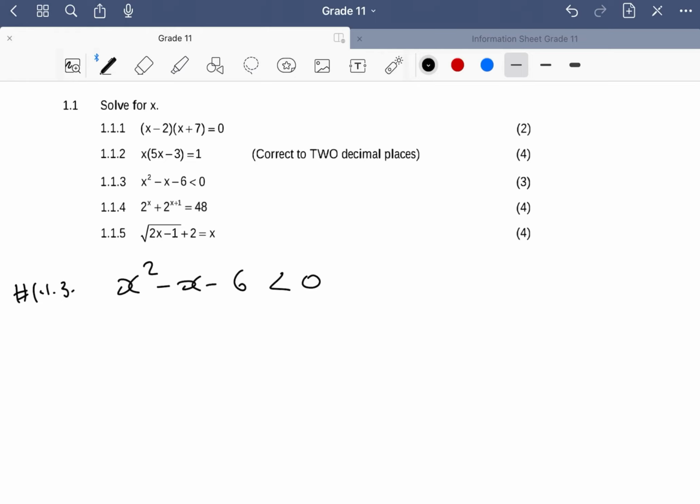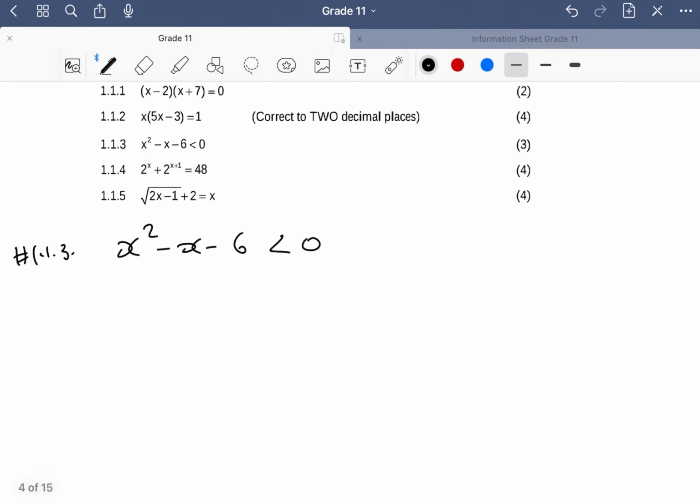The way you read this is: solve for x, where when you substitute that value of x that you get, it gives you a negative number. That's basically what they want us to do here.